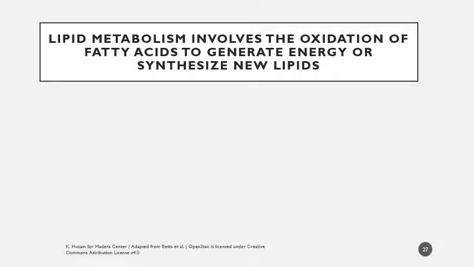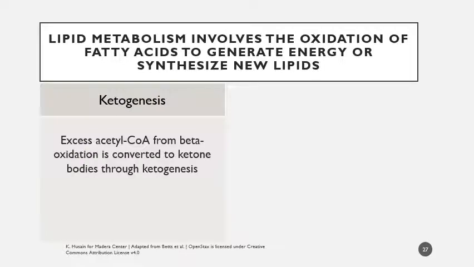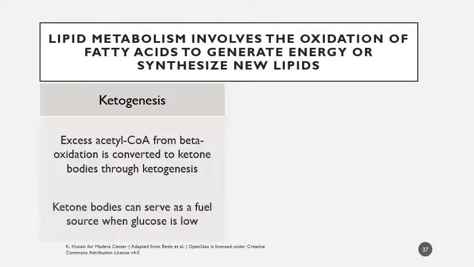Lipid metabolism also involves this oxidation of fatty acids, and continues this idea of working with ketones. When you have that excess acetyl-CoA that's accumulated through beta oxidation, you generate ketones. You go through ketogenesis, so you convert that acetyl-CoA to ketone bodies. Those ketone bodies, like I mentioned in the previous slide, are a backup fuel source when glucose is low.